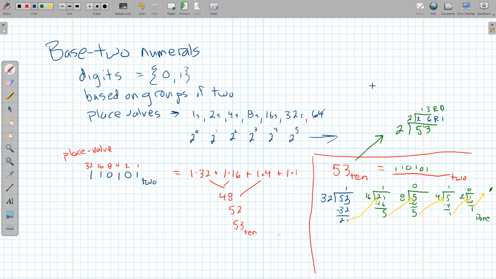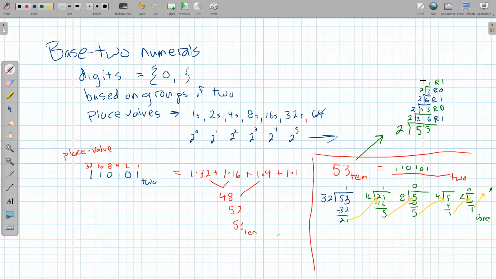And then keep going. 2 goes into 13 6 times, that's 12, remainder 1. Just keep dividing by 2 till we get a 0 on top of the division box. 2 goes into 6 3 times, remainder 0. 2 goes into 3 once, remainder 1.